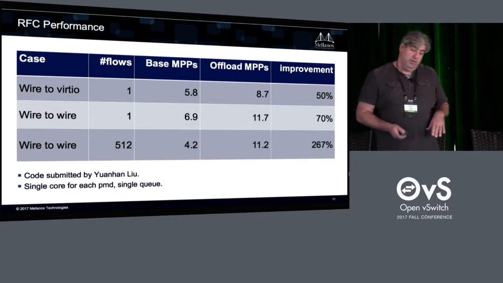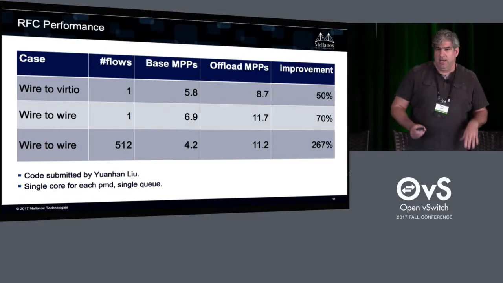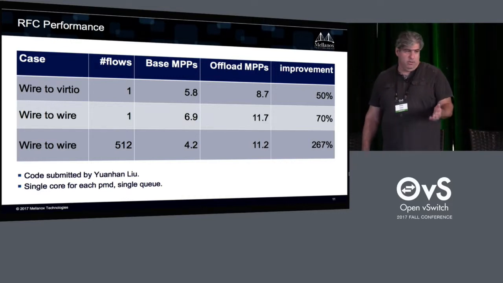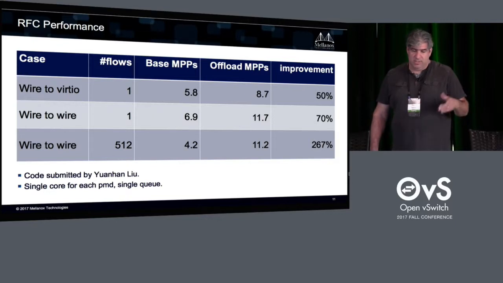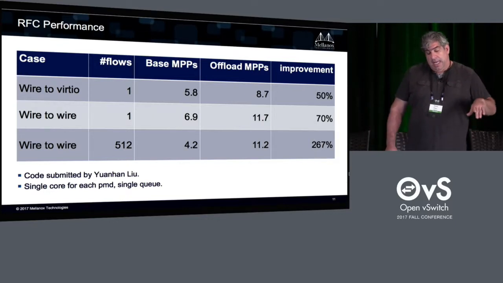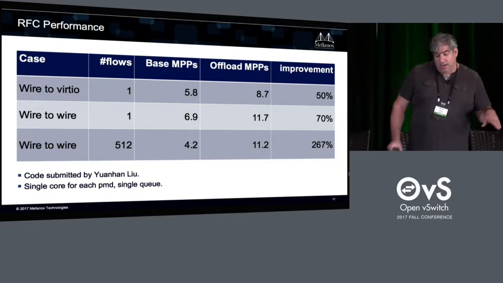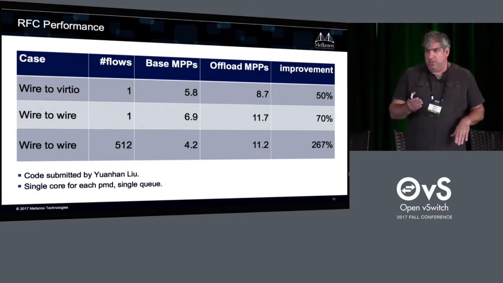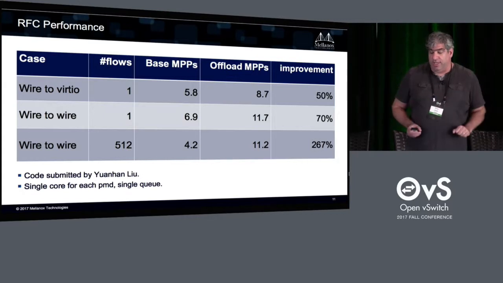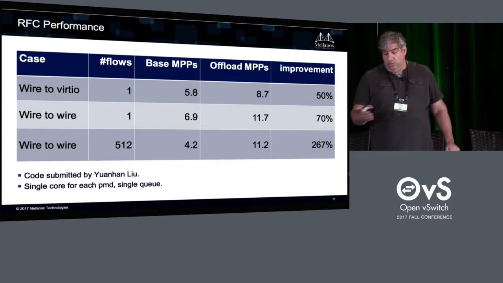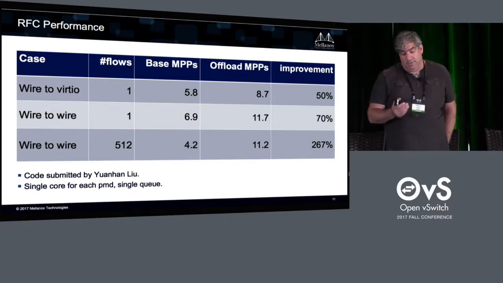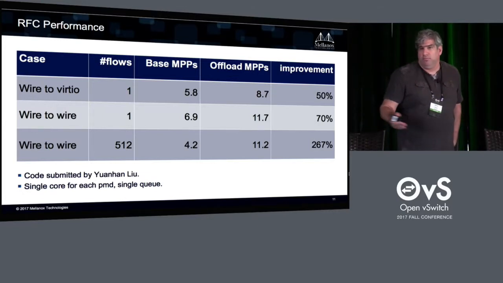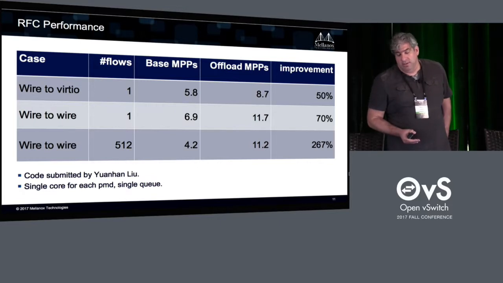It's not an RFC. It's already on the OVS mailing list. I think now we're supposed to send version 4 for that. It's sent by Yonhan. And we see the performance gain with this classification offload. As you can see, if it's wire to VirtIO, we see a benefit of around 50%.